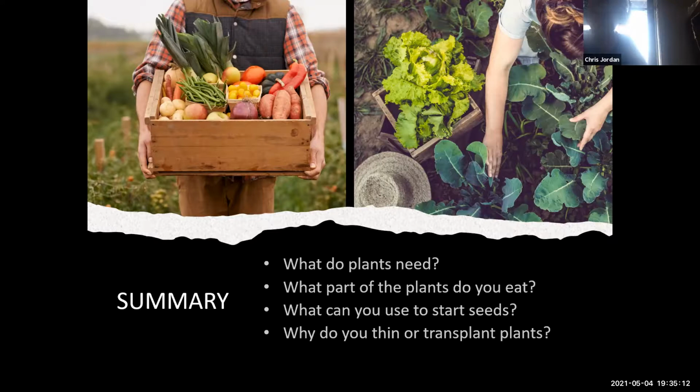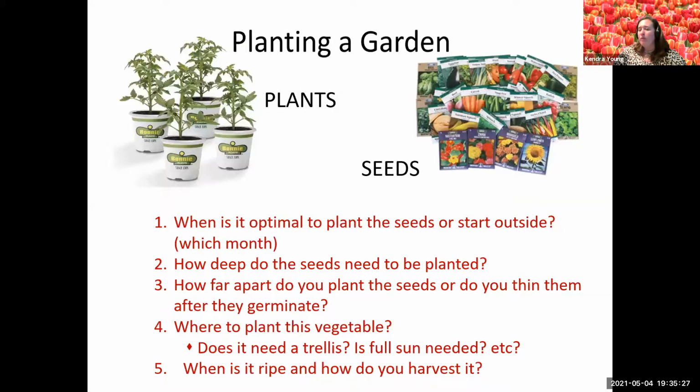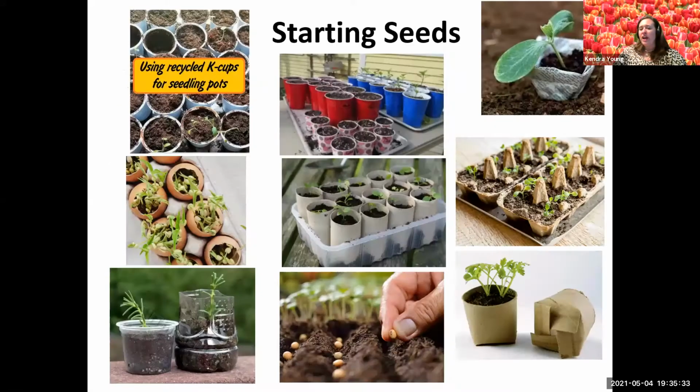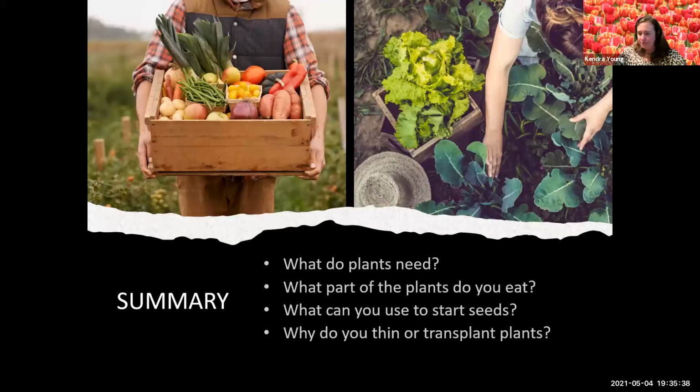That's right. Thinning them out gives them a better chance of surviving, so they have adequate space to grow and become fully developed. The seed packets will tell you how far apart your plants should be. If they're too close, you can move them further away so they can fully grow and get all the things they might need.